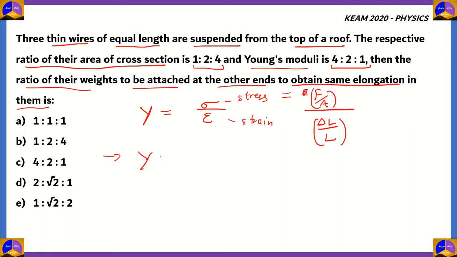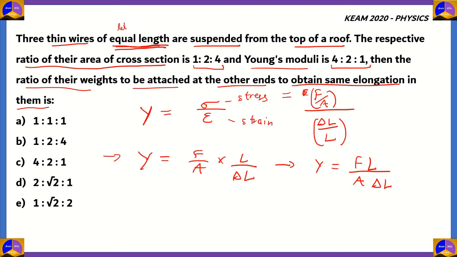So therefore, Y equals F by A times L divided by delta L. That means Y equals force times the original length of the wire divided by area times the elongation of that wire. Now, in this particular question, the wires are of equal length.